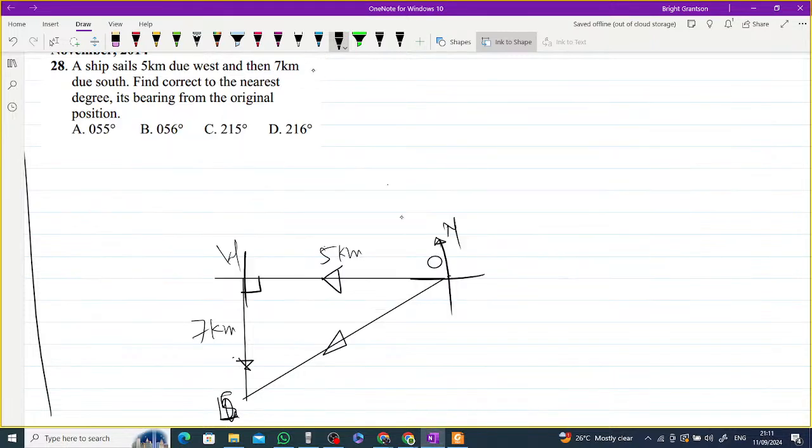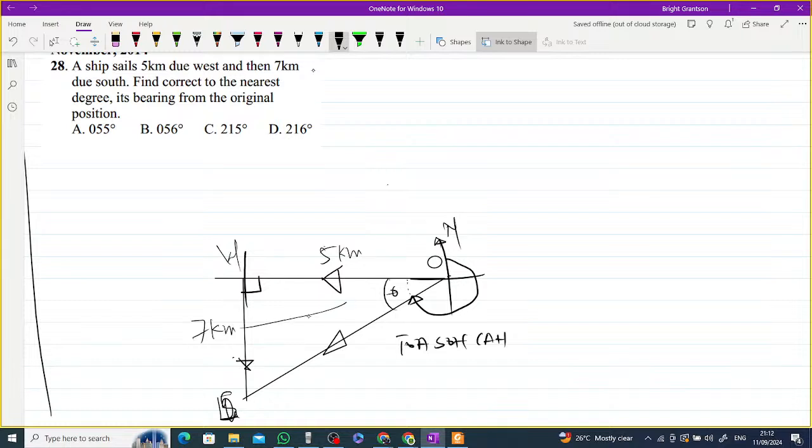Yes, sir. So now we are looking for the angle from here to here, right? If you're able to find this angle theta, we subtract it from 270. You see, everything here is 270, so 270 minus theta will give us the rest. Now because here is south, here is 90, here is 5, here is 7, to find the angle you can use SOHCAHTOA.